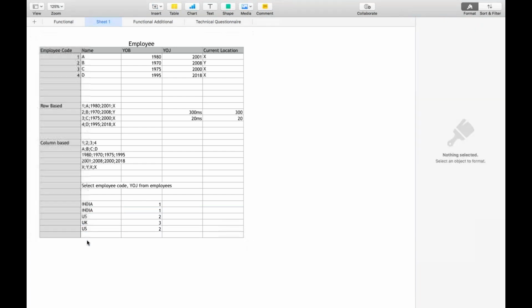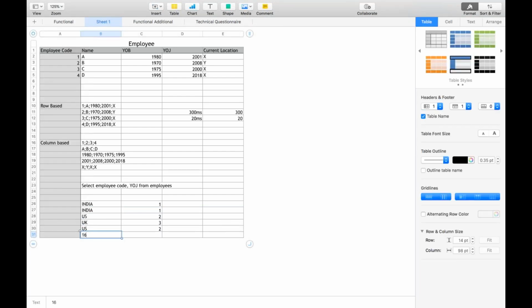So if it takes 16 KB of data, let's assume one character is 1 KB, then 16 KB of data can be reduced to 5 KB. And the more the data, the more the reduction. In this example, it is nothing much, around 3 times. But with more data, you only need to store this information once, and you will be able to see a lot of compression. So this is possible only with the column database.